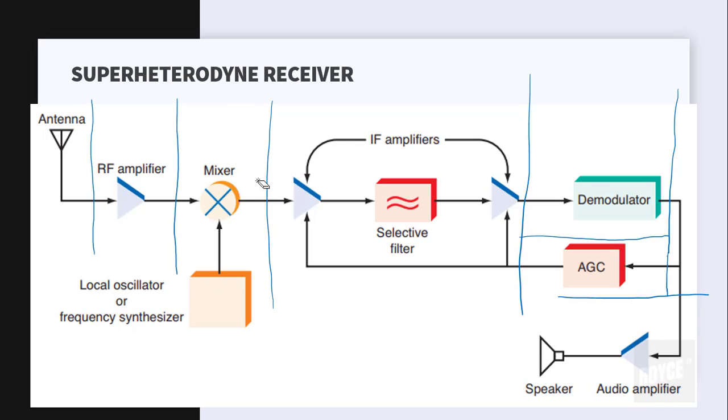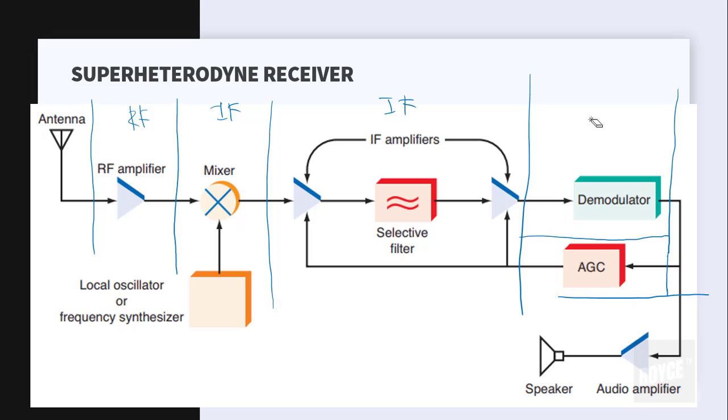So dito sa mixer stage, dito nangyayari yung down conversion. Kino-convert natin siya from radio frequency into intermediate frequency. So from RF to IF. Yung IF, yan yung ipoproseso dito sa amplifiers and then sa filter. Yan yung iti-demodulate.